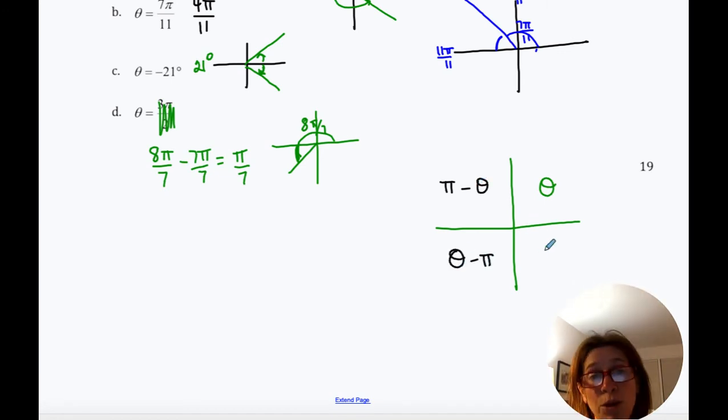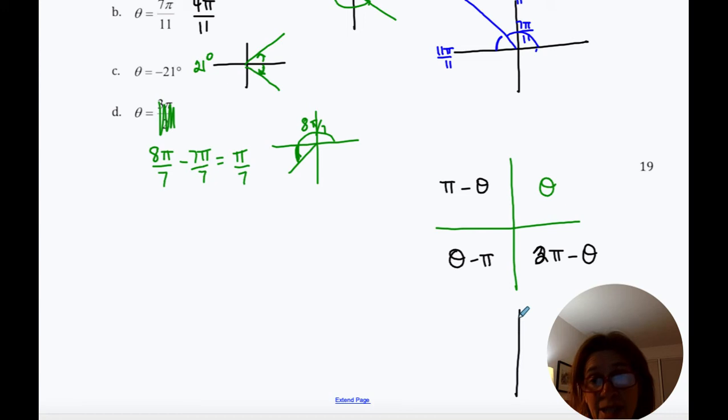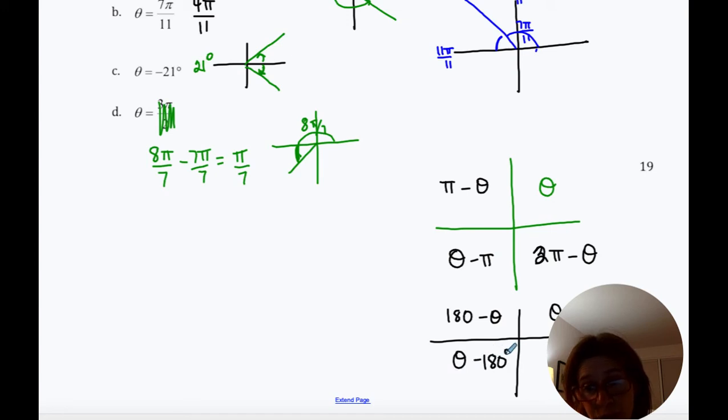And then in the fourth quadrant, we did 2 pi minus theta. If it were in degrees, again, it was theta in quadrant 1, 180 minus theta in quadrant 2, theta minus 180 degrees in quadrant 3, and then 360 minus theta in quadrant 4.